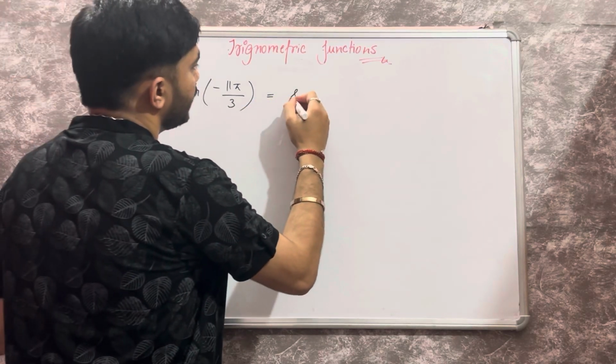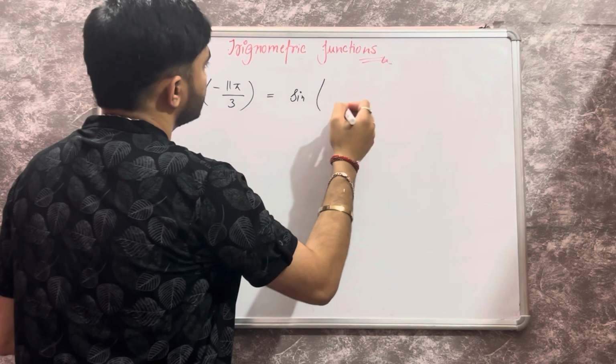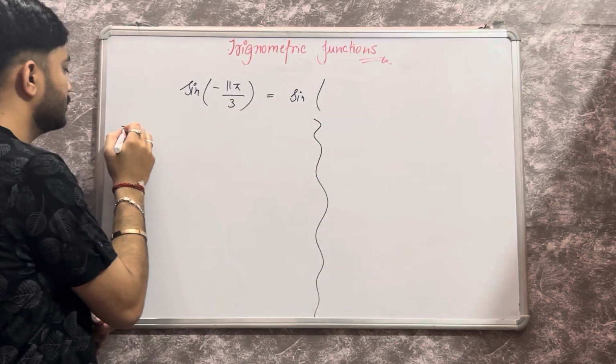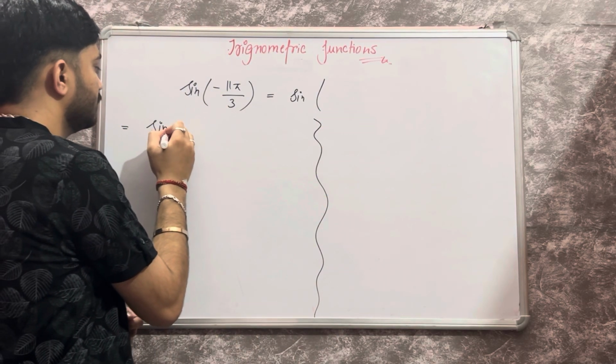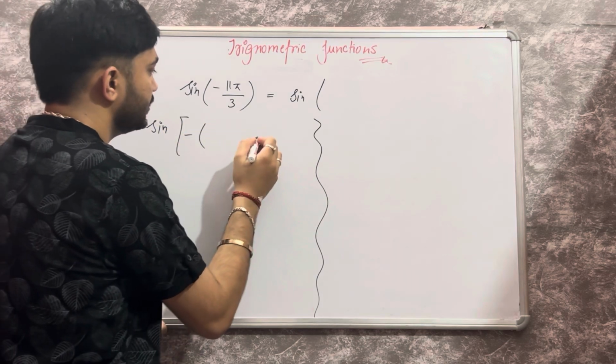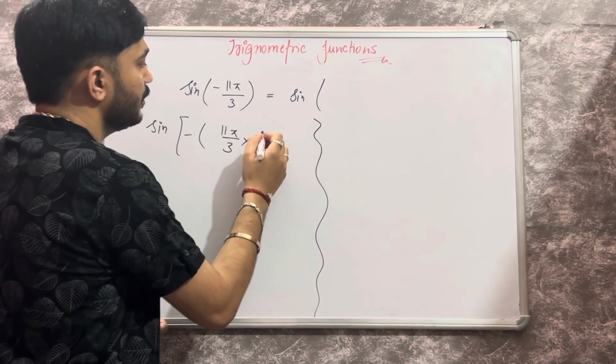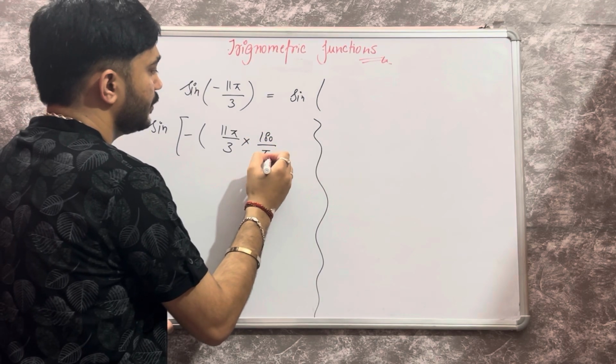Here we are going to do this question in two ways. First, sine, leave the minus as it is, 11 pi by 3 multiplied by 180 degree by pi.